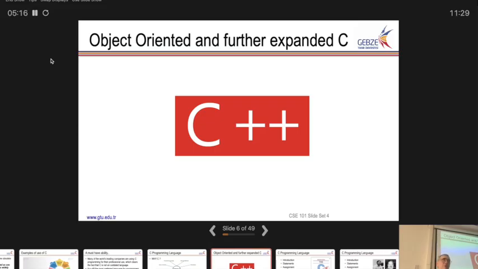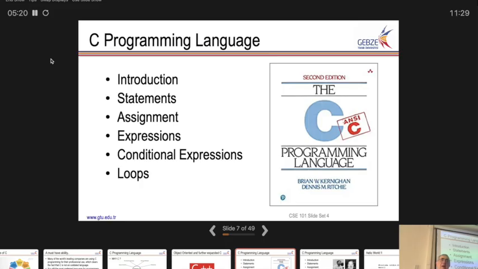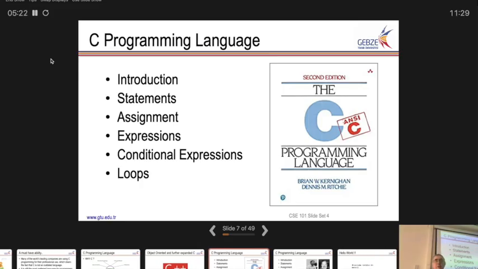The expanded object-oriented version is named C++, and the book I put as a textbook is The C Programming Language by Kernighan and Ritchie. Kernighan and Ritchie are the inventors of the C programming language and Unix.